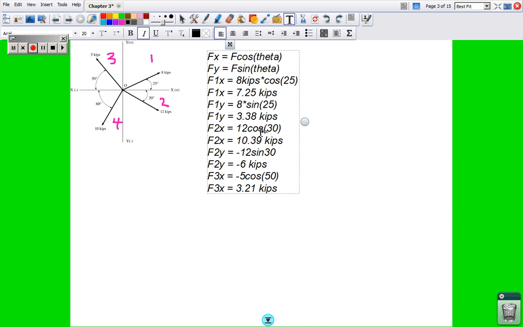Don't forget that's negative. Okay, F3y is going to be a positive number, it's in a positive quadrant, 5 sine 50. So F3y is equal to 3.83.